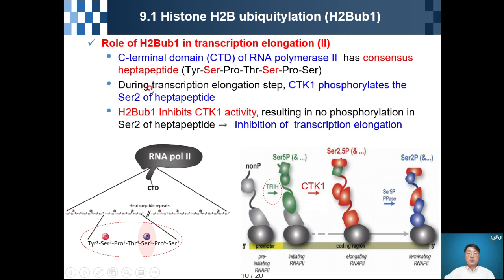So during the transcription elongation step, the protein CTK1 phosphorylates the serine at the second location, serine 2, of the heptapeptide. However, H2B-UB1 inhibits CTK1 activity, resulting in no phosphorylation of serine 2 of the heptapeptides.